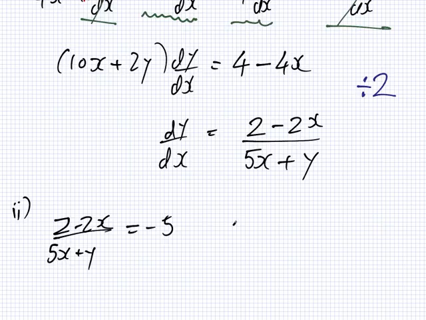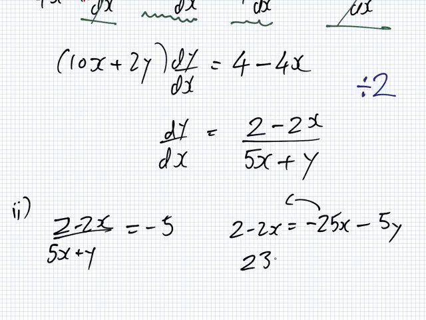So it means they want to know 2 minus 2x equals minus 25x minus 5y. So that would be 23x equals, if I bring this over, minus 2 minus 5y. Now the problem is, as you said, Malik, we don't know what the y is, so we'll have to find it.